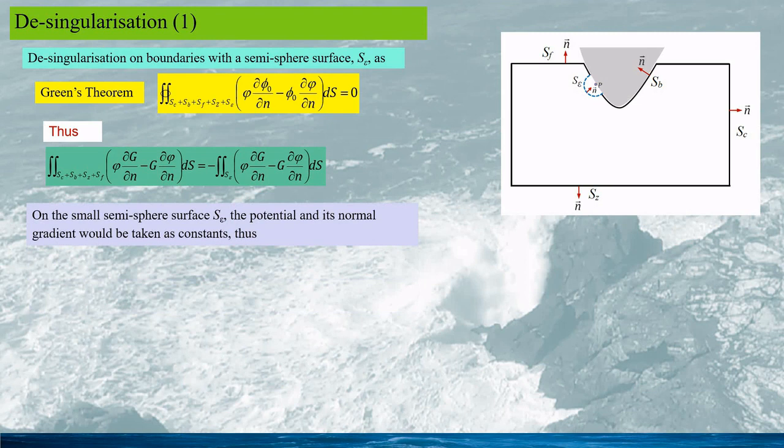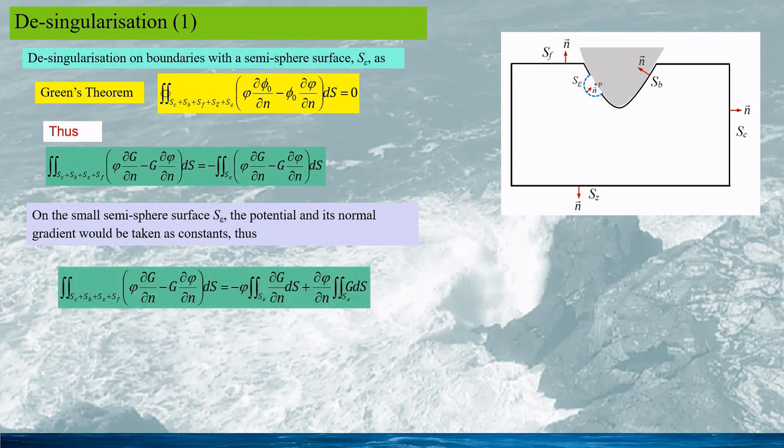Since on the semisphere S epsilon, the potential and its normal gradient would be taken as constant, we can write the Green's theorem as this. Here, phi is constant for the S epsilon, and the normal gradient of phi is also a constant for the small semisphere S epsilon.